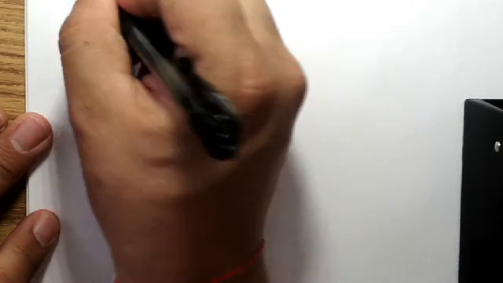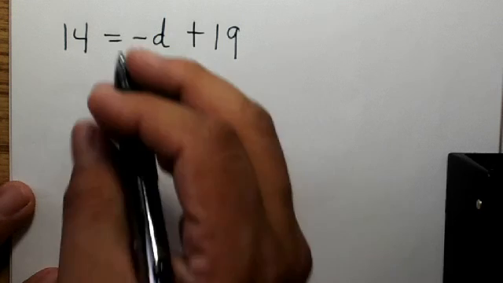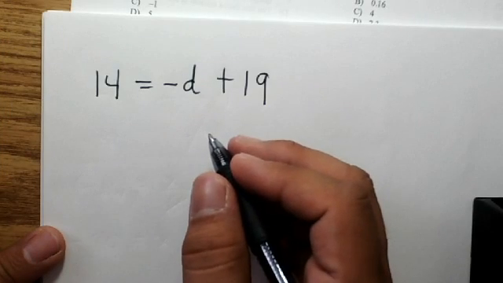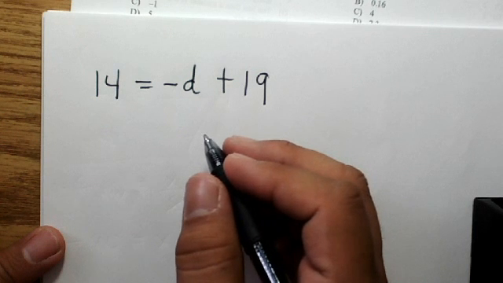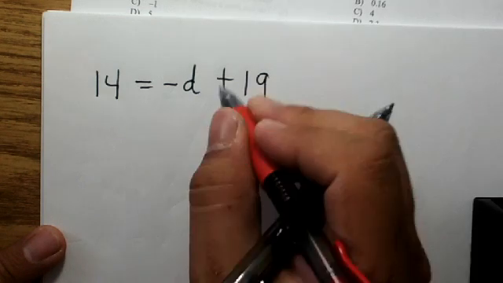Number 4 says 14 equals negative d plus 19. Can you please try that, sir? It's literally the same problem. It's literally the same process.